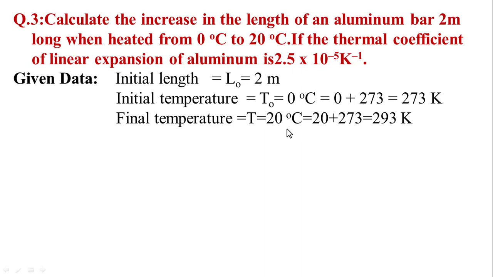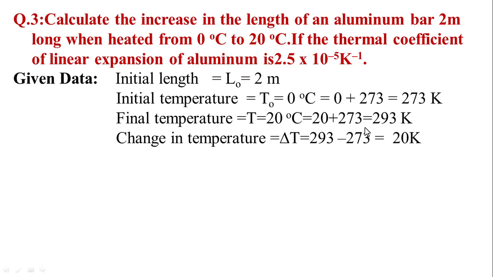Now change the 20 Celsius into Kelvin. So 20 plus 273 is equal to 293 Kelvin. And the change in temperature is delta T. Delta T is equal to final temperature minus initial temperature. So 293 minus 273 is equal to 20 Kelvin.